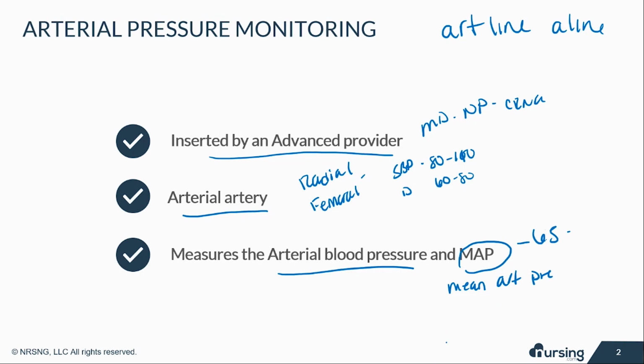An easy way to calculate the MAP is your diastolic blood pressure times 2, and then you add your systolic and you divide it by 3. So let's do an example really quickly.